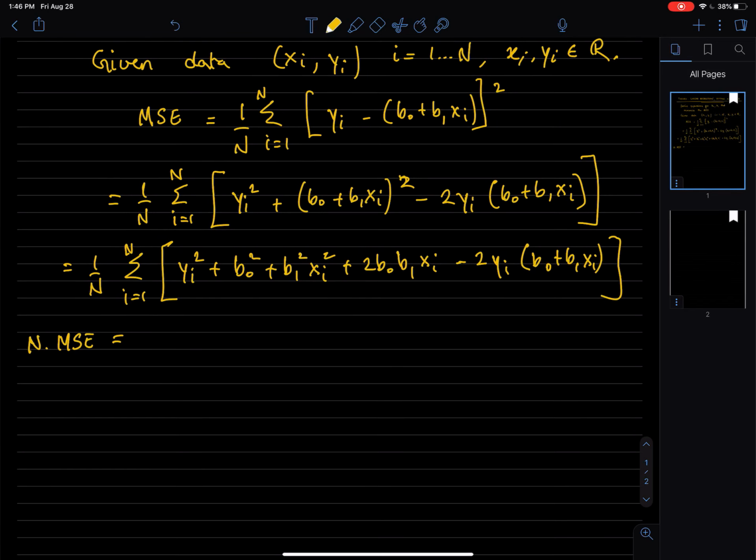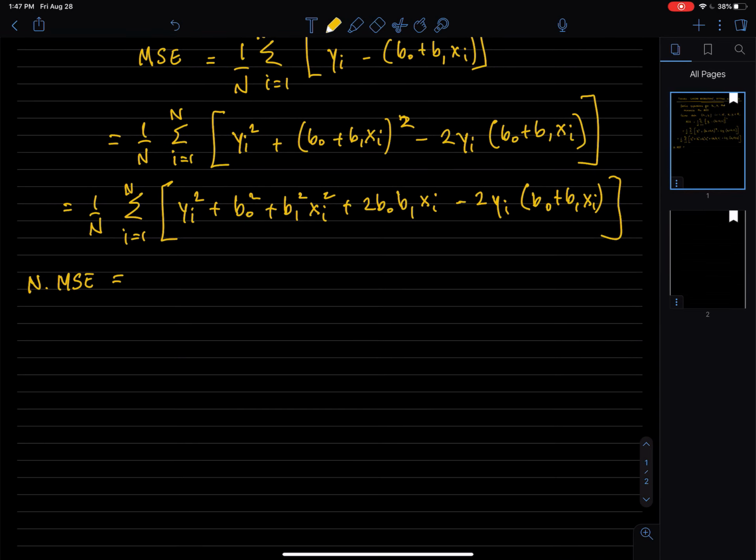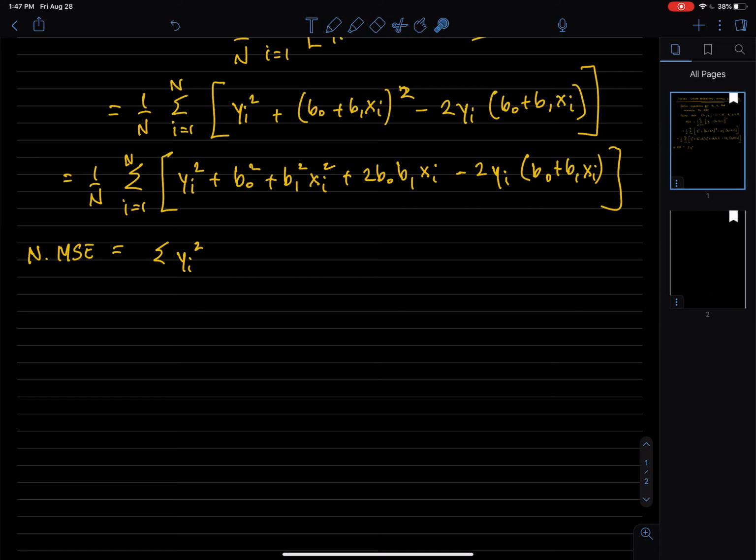But this whole thing consists of a number of different things. So there's the summation i equals 1 to n. What I'm going to do is drop the i equals 1 to n, because that's understood. All the summations here are over all i from 1 to n. So I'm just going to write summation yi square. So that's the first term.